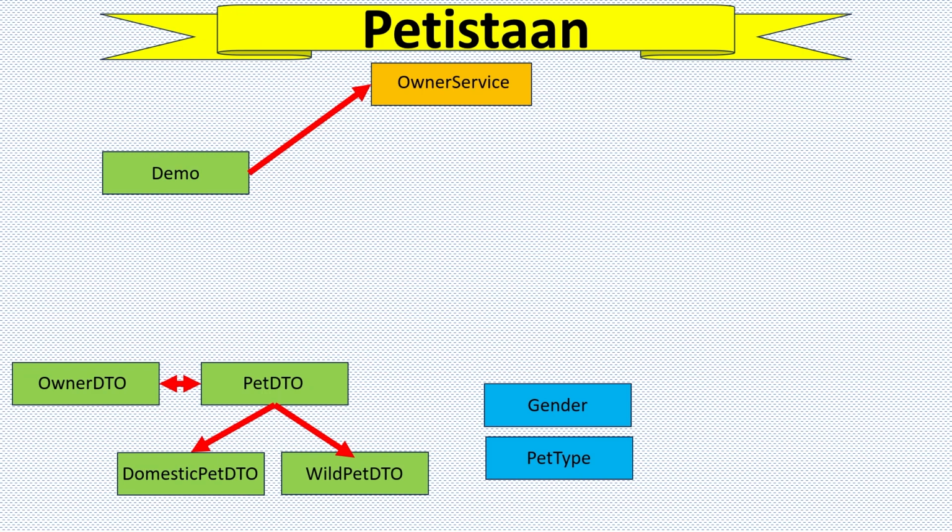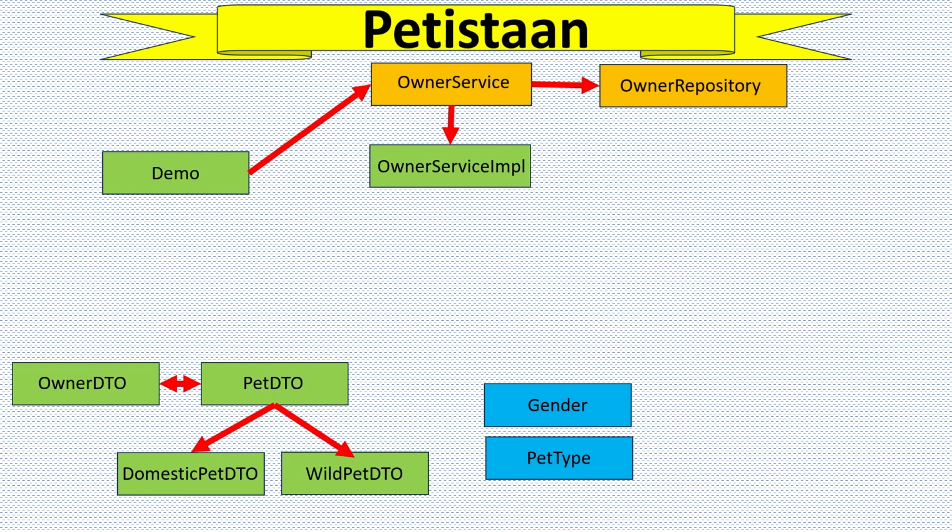So that you can easily decide which implementation you want to autowire or which implementation you want to prefer. All these things we have already seen in the previous videos. So for this, the implementation is going to be OwnerServiceImpl. Then we will be having the owner repository, and for that too we will be having the OwnerRepositoryImpl.